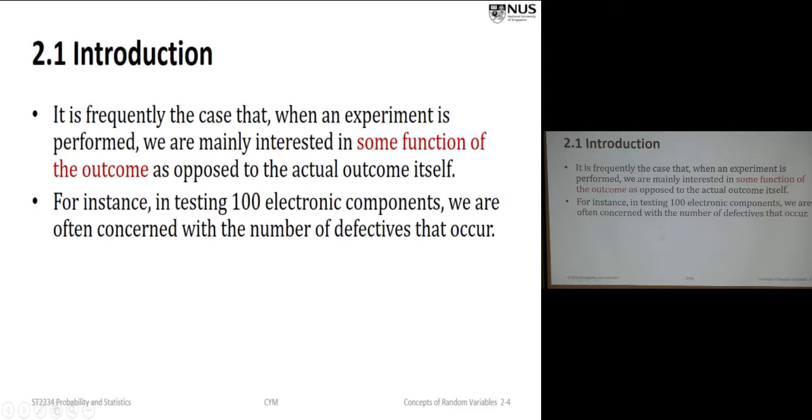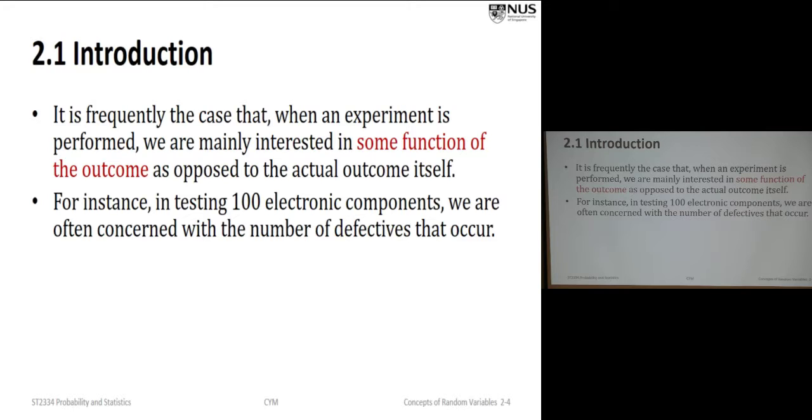So here's another example. Suppose I test 100 electronic components. We are concerned about the number of defectives that occur. So we have 100 components, and each one may be a defective. We want to know how many there are. It can be 0, which means all are perfect. Maybe 100, maybe all are defectives.